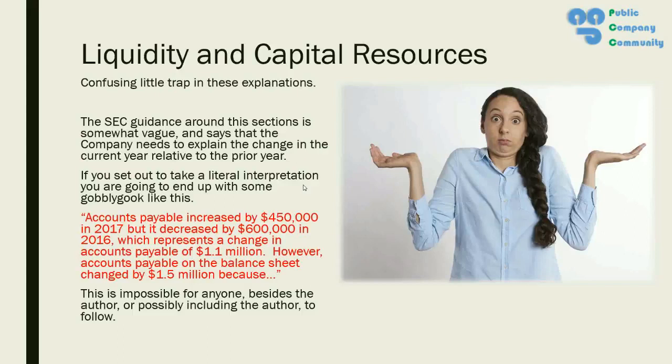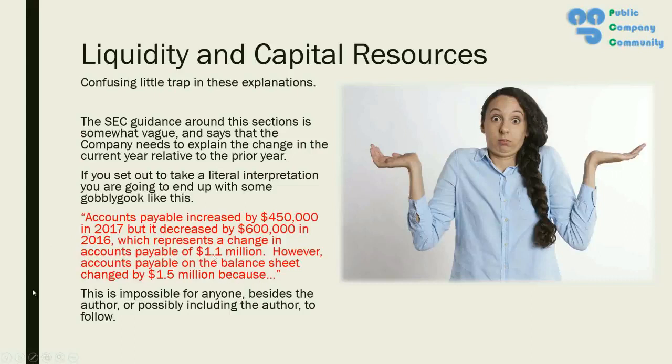And what happens is that some companies will take a very literal interpretation of that requirement, and they'll get themselves all tongue-tied in a sentence like this: accounts payable increased by $450,000 in 2017, but it decreased by $600,000 in 2016, which represents a change in accounts payable of 1.1.